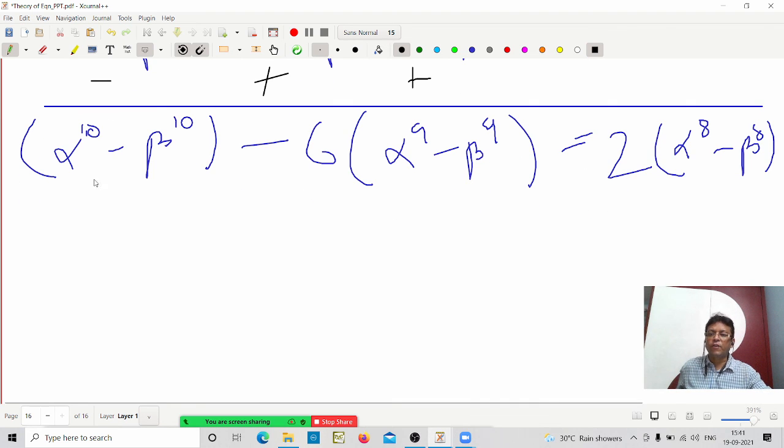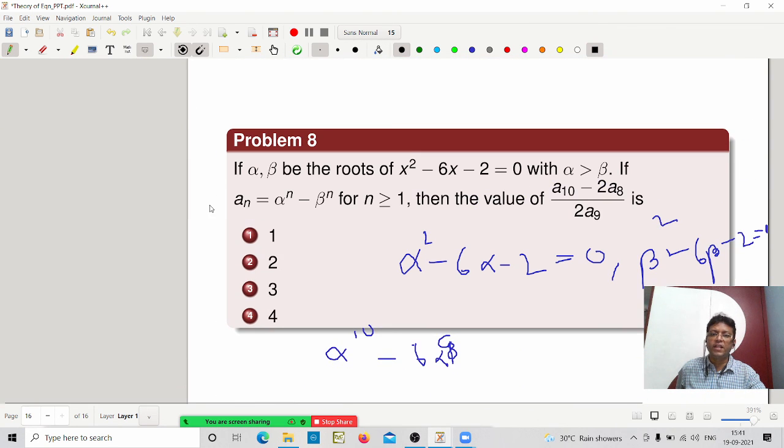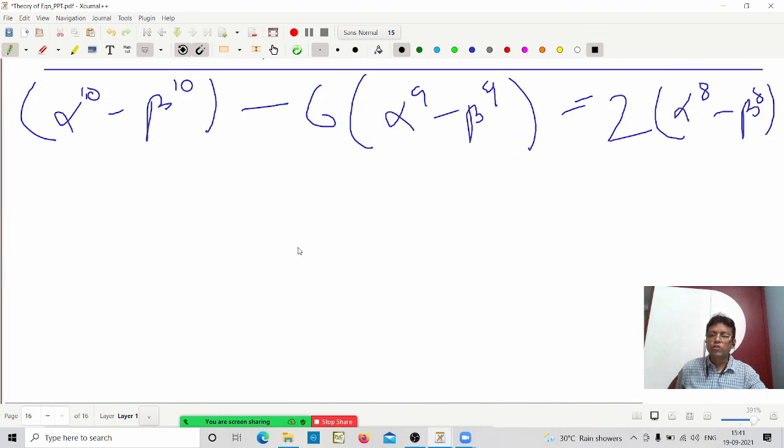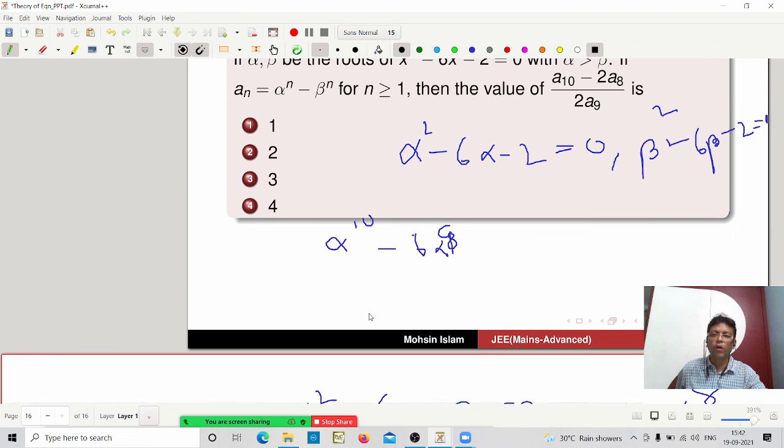And this alpha to the power 10 minus beta to the power 10 is, look at that, a10. An is alpha to the power n minus beta to the power n. So it's going to be a10 minus 6a9 equal to 2a8.